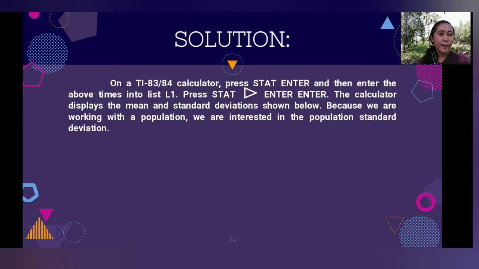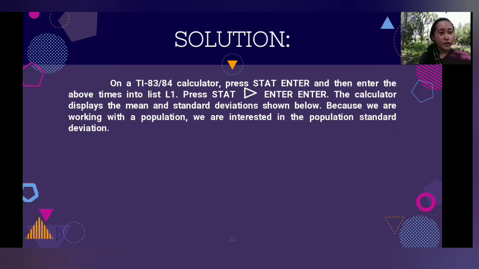Those data, the population, you need to input on list 1. Then press stat again and enter twice. The calculator displays the mean and standard deviation shown below.